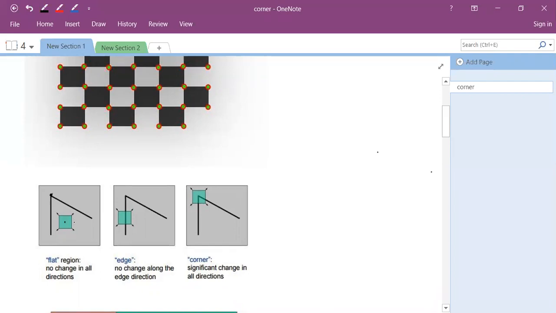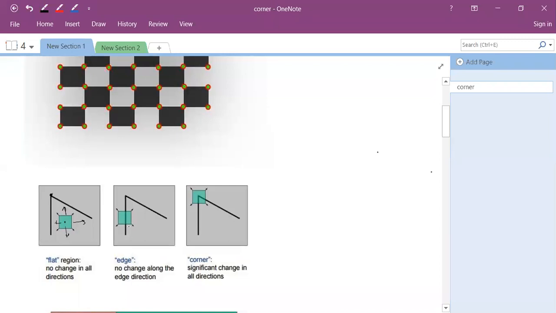Whenever this window is shifting towards this direction or this direction, the pixel value intensity is not changed. So it is called the flat region. Flat region means if there are no edges coinciding over that region. So no change in all the directions.